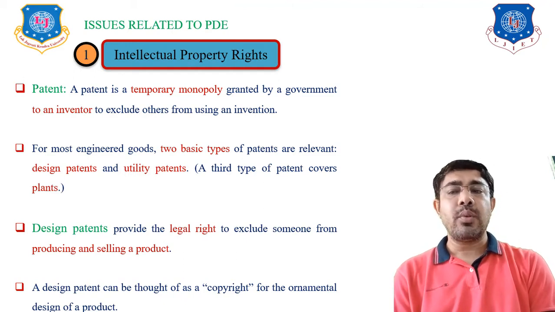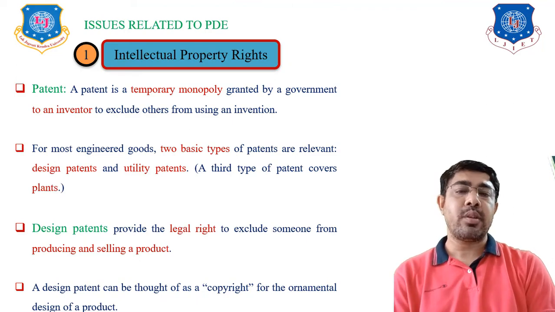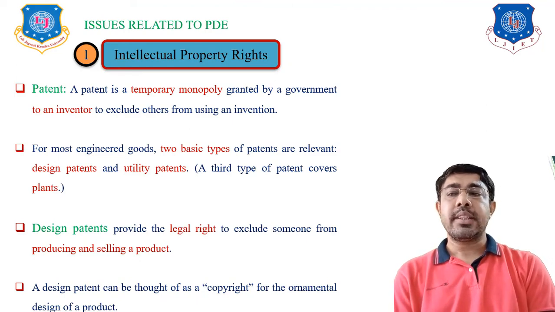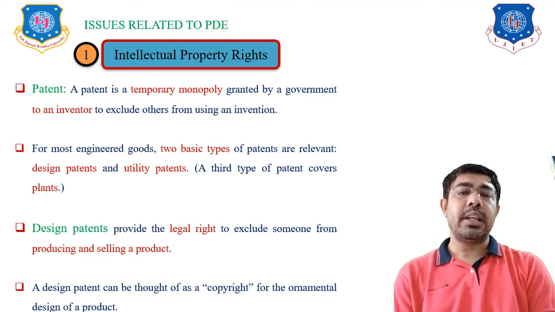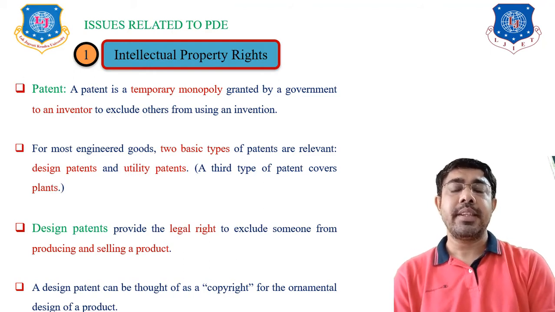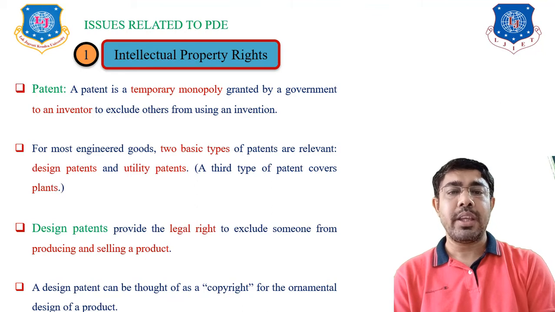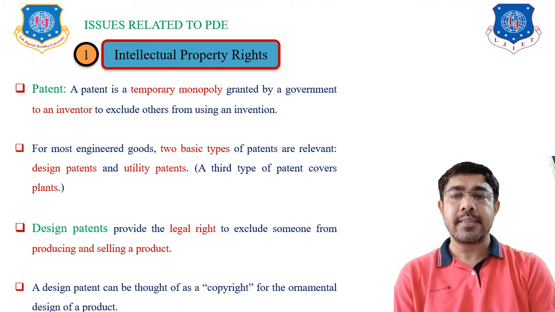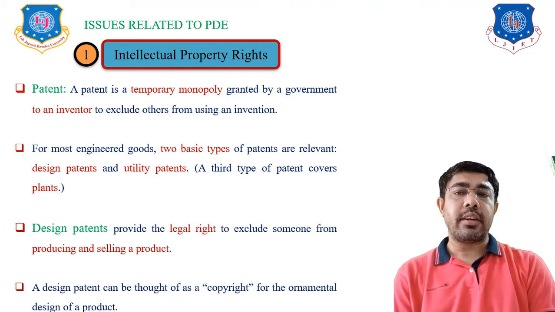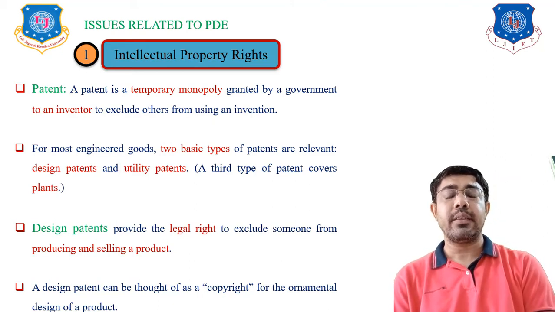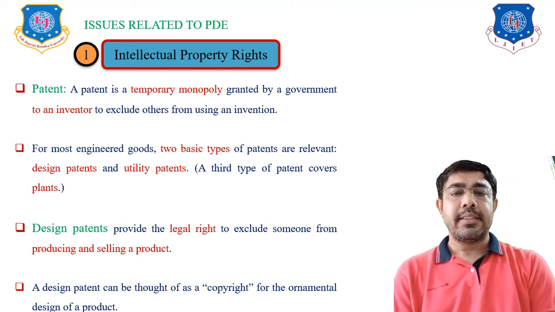For most engineering goods, there are two basic types of patents: design patents and utility patents, as we saw in the taxonomy of intellectual property rights. There is also a third type of patent which covers plants.